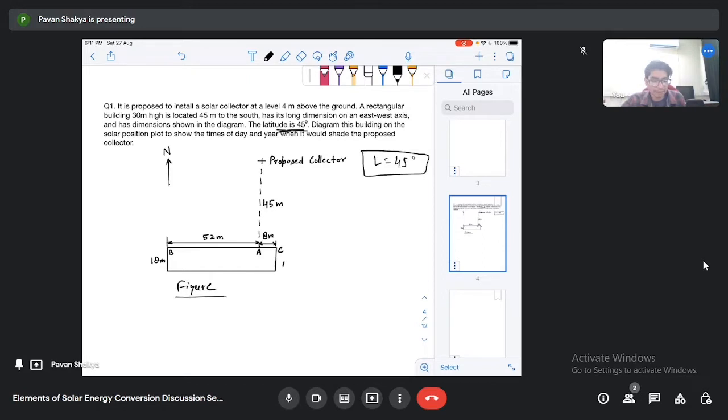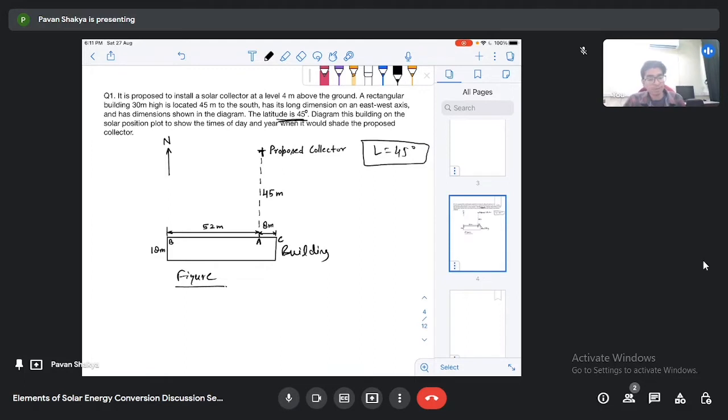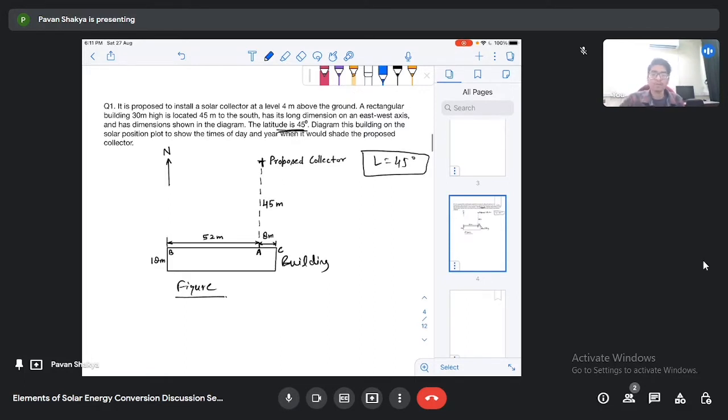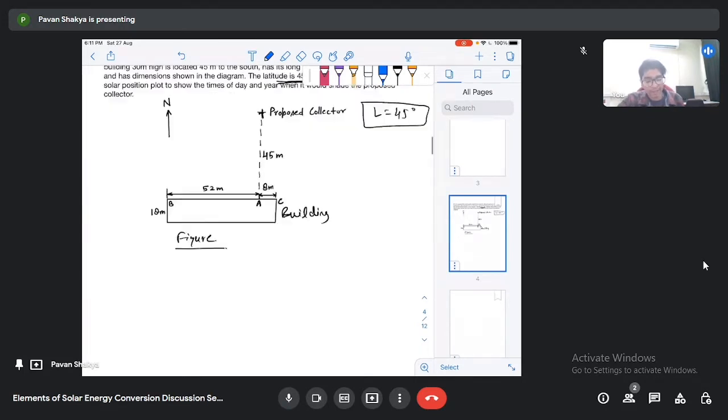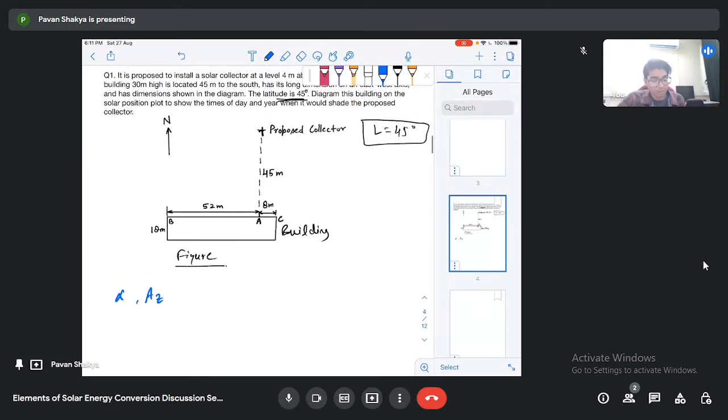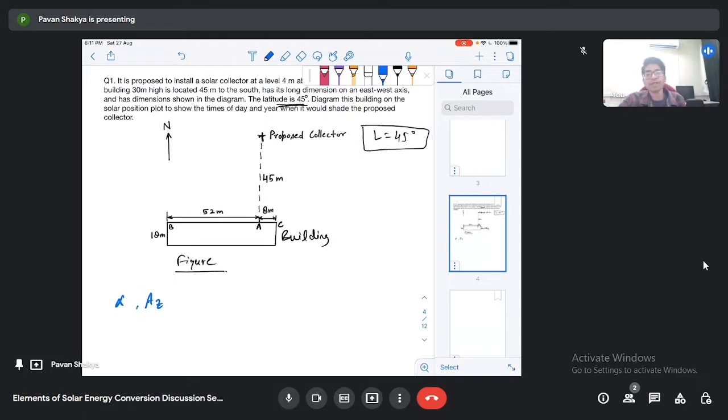Okay, and this is the figure that we are talking about. This is the building, and here is the position of the proposed collector. Now I will solve this problem. To solve it, we need to calculate the altitude angle and the azimuth angle, that is AZ. To draw this, we have to take some random points on this building.